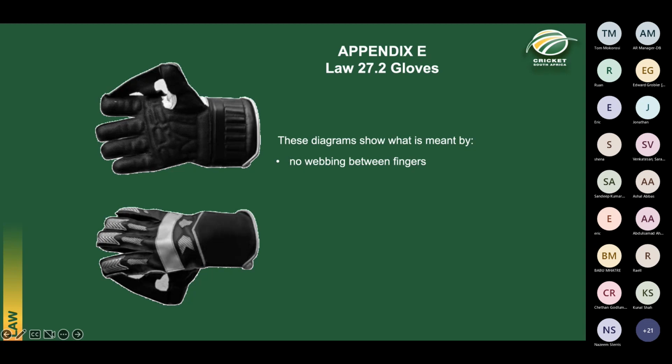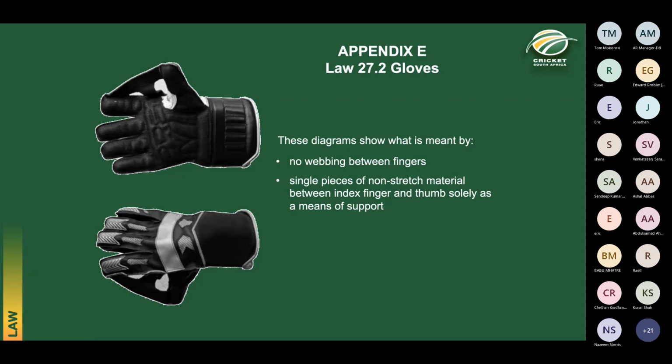Okay. Many years ago, they used to allow as much webbing as possible, and the webbing between the thumb and the index finger used to be big pouches that a wicketkeeper could catch the ball with. That has been restricted, as you can see, to a straight line between the thumb and the index finger.